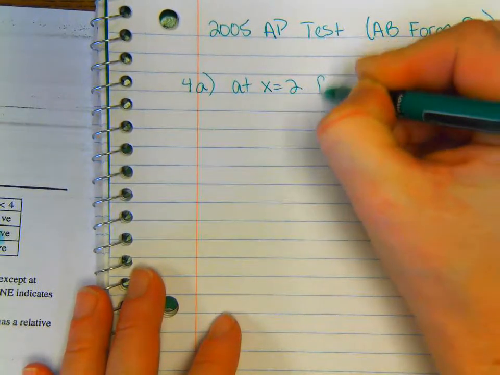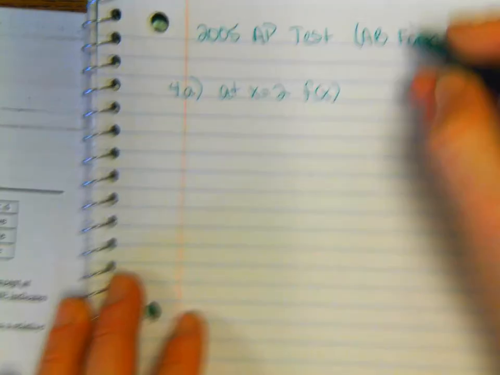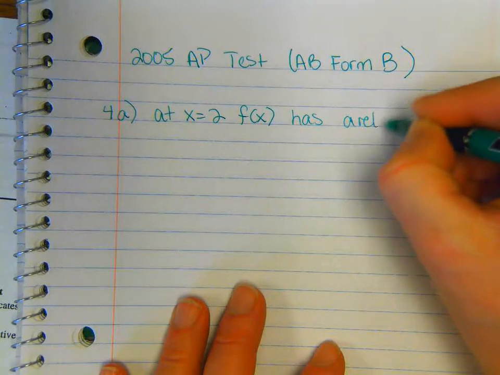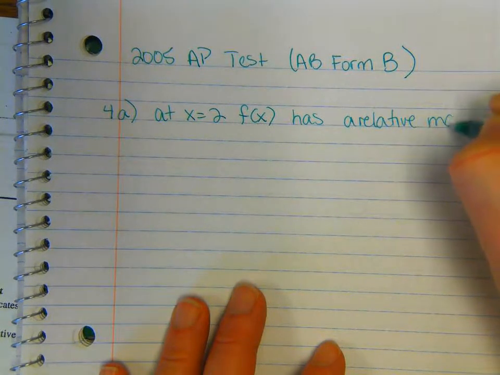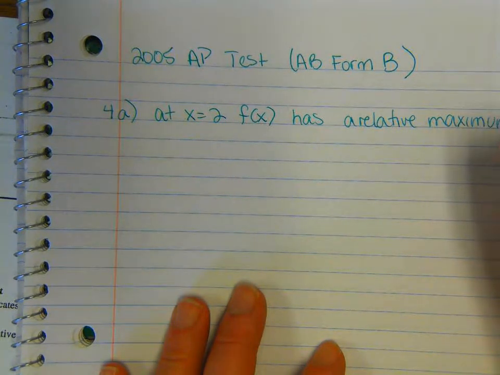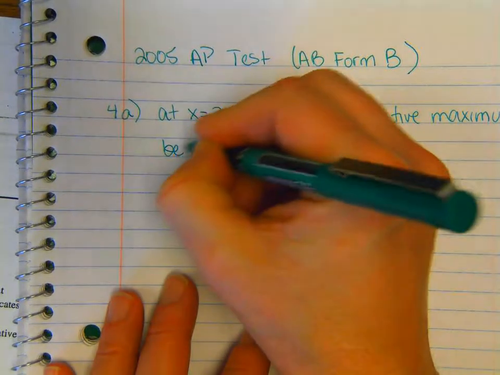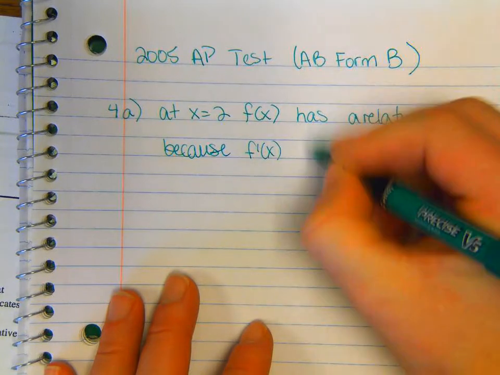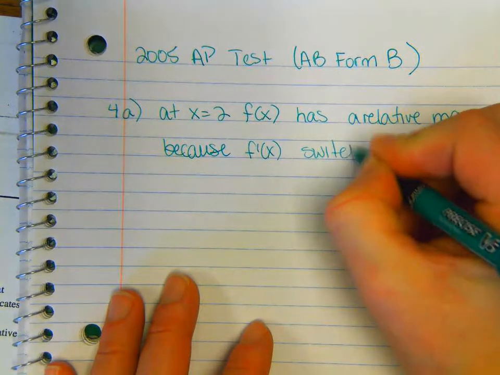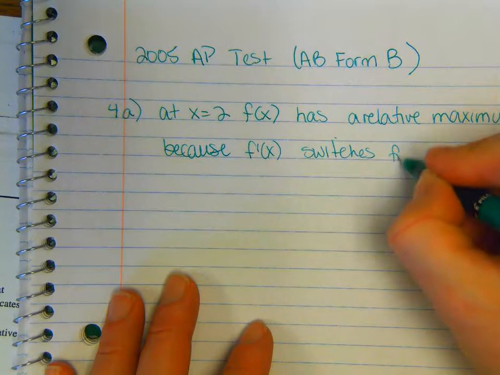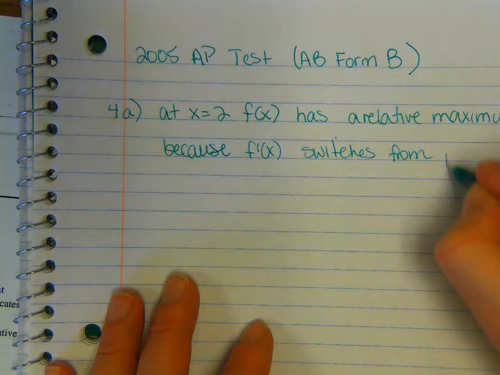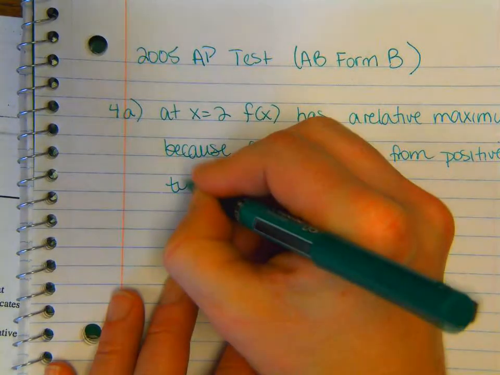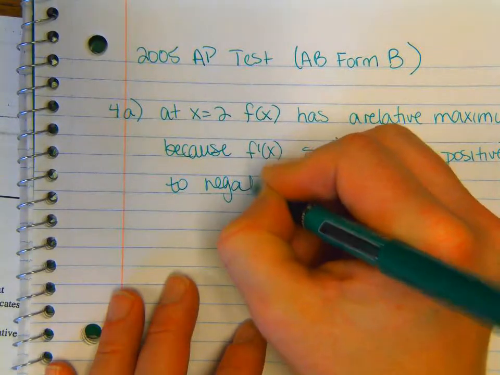So at x equals 2, f of x has a relative maximum because f prime of x switches from positive to negative. Okay.